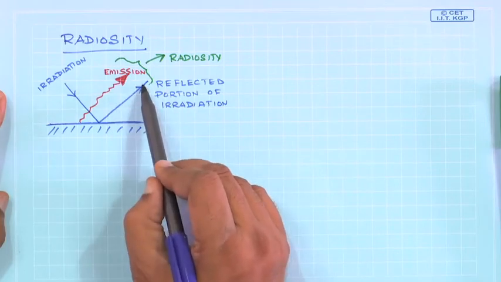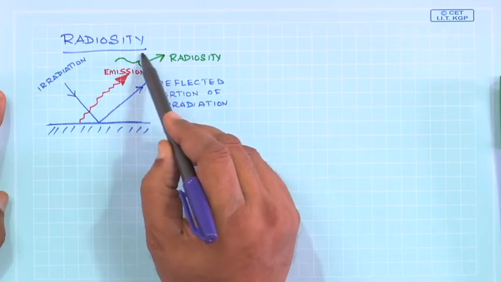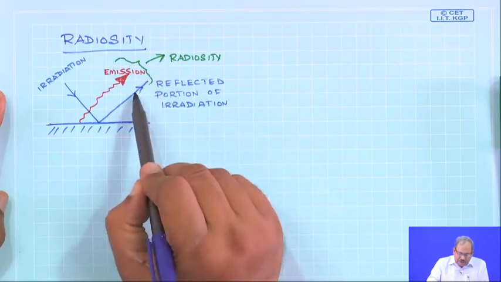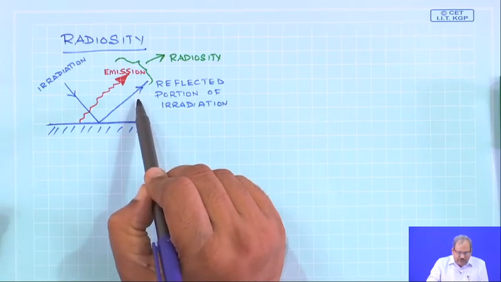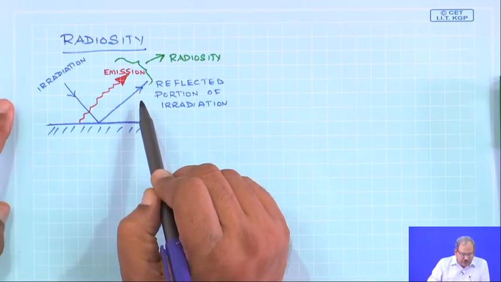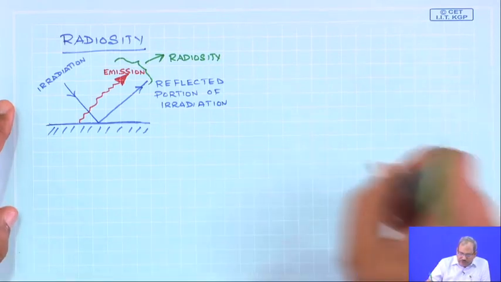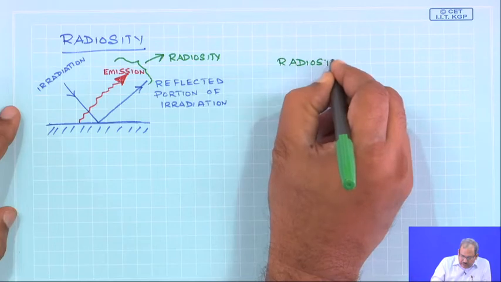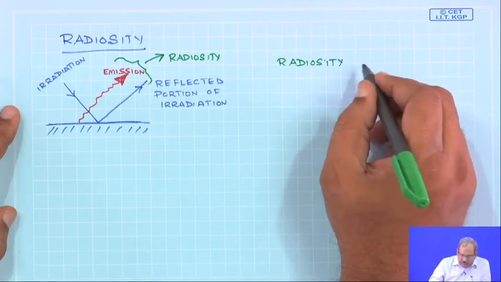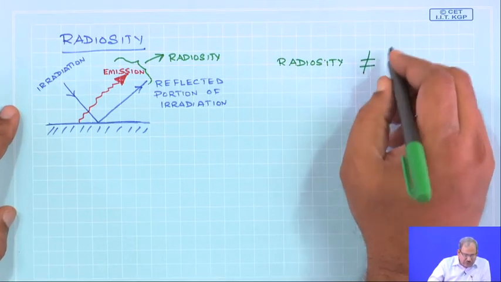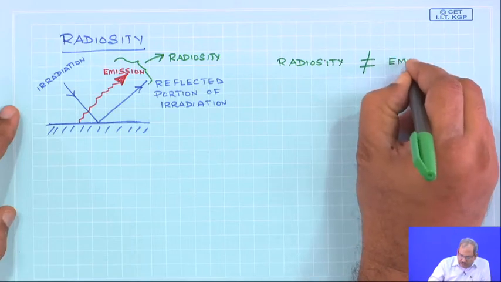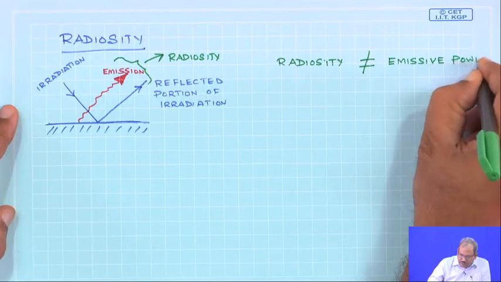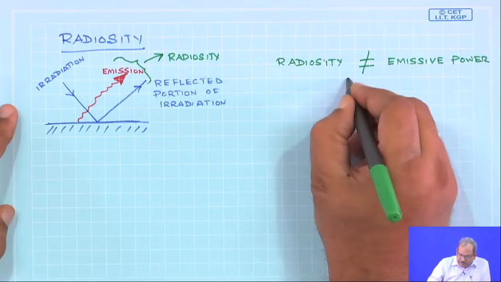When you combine these together, if you are the person standing over here, you not only sense the emission, you also sense the reflected portion of the irradiation, and this is what is called the radiosity. So, radiosity generally is not equal to the emissive power for real surfaces.